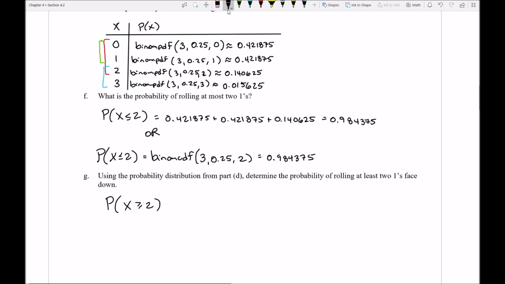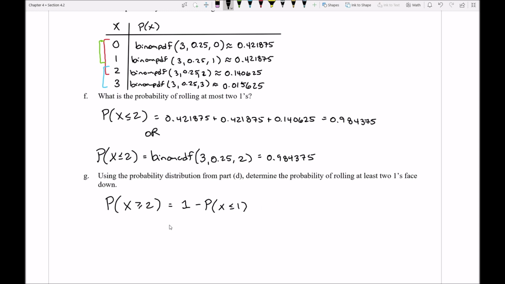This makes CDFs really convenient to pair together with a complement idea. How about I start by saying I'll take all 100% that I have over here, and I will subtract from it all of the x's that I am not interested in, which would be all the x's that are less than or equal to 1.